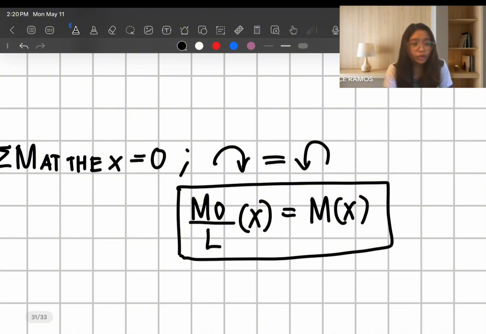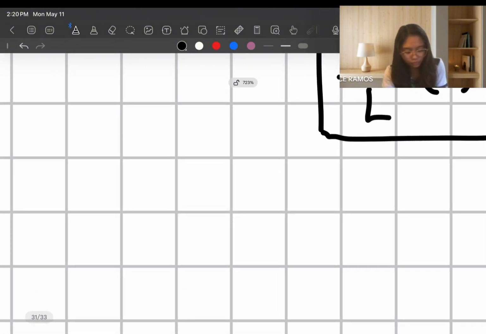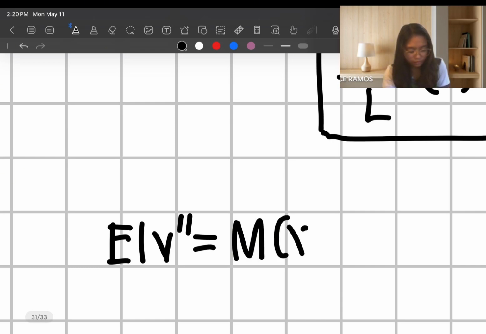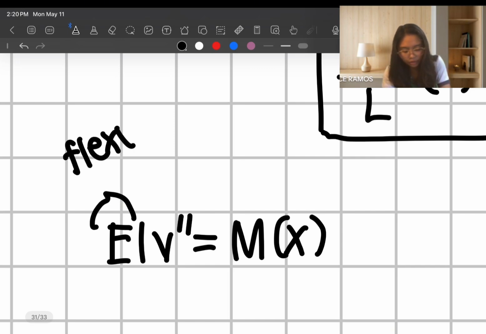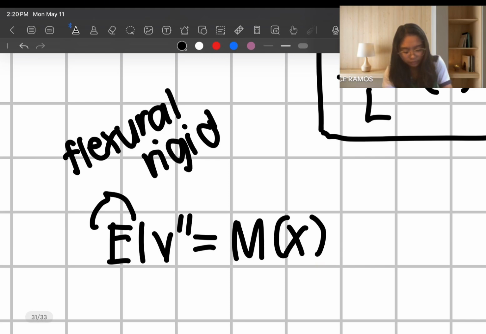So, ano po yung Euler beam equation? So, ito po yun. Where the EI is equal to the flexural rigidity.